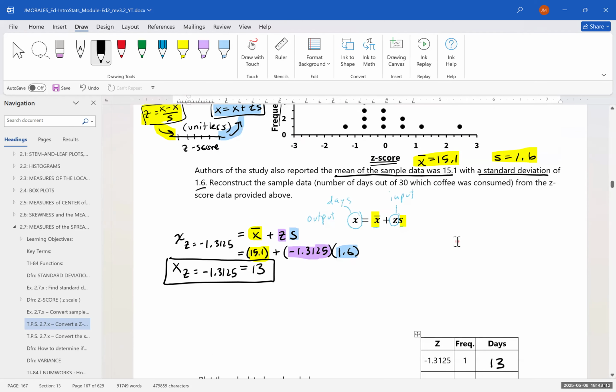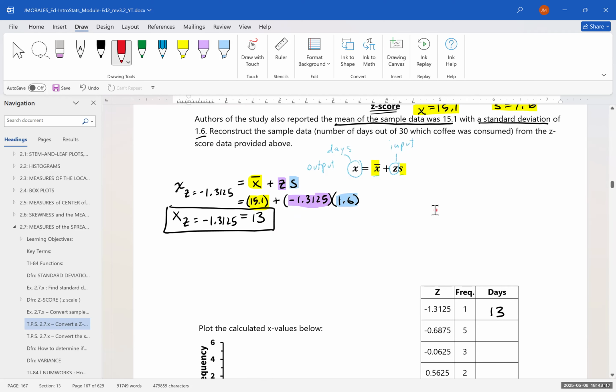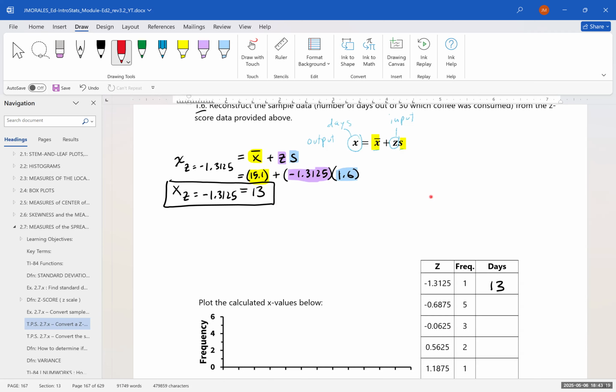The next one is x when z is equal to negative 0.6875, and we're using x bar plus z s.